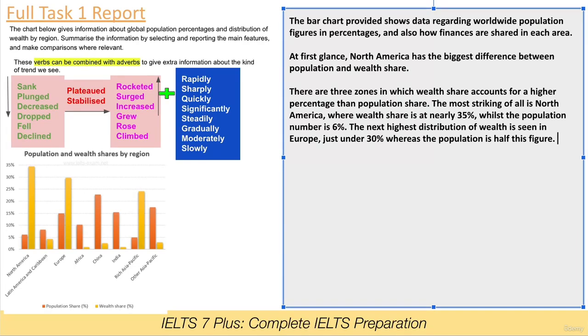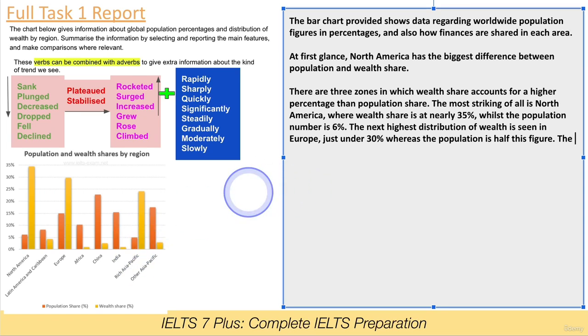Okay, that's quite nice. And then rich Asia Pacific, let's talk about maybe we could talk about the difference. So rich Asia Pacific, we've got wealth is nearly 25%, maybe 24%, and then we've got 5% for the population share.